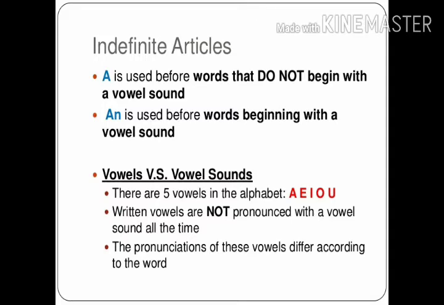So as you know, there are 5 vowels in the alphabet, a, e, i, o, u, and the rest 21 alphabets are consonants. Written vowels are not pronounced with a vowel sound all the time. The pronunciation of these vowels differs according to the word.